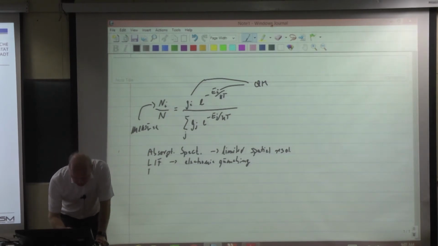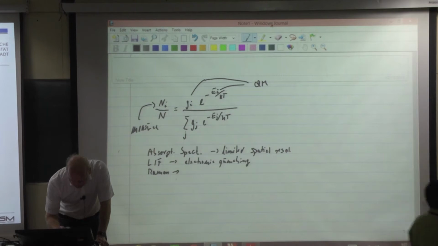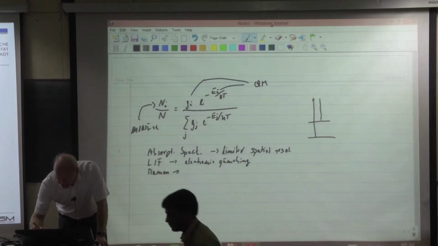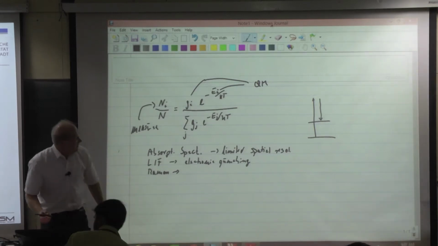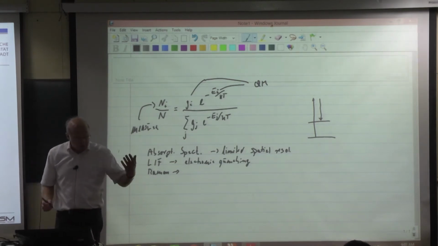Then we have looked into Raman spectroscopy. And Raman spectroscopy, just to remember, was the effect when we have a laser which is non-resonant with any allowed transition, and you have an inelastic scattering process such that after the process, the system is in a higher or lower quantum state.